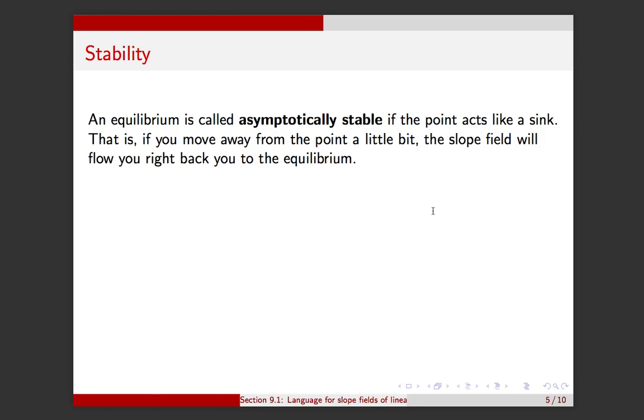Now in Chapter 9, an equilibrium is called asymptotically stable if, just like back in Chapter 2, it acts like an attractor or a sink. It draws things to it. In other words, if I knock you off the origin a little bit, you're going to flow right back to that equilibrium, which for now we're thinking of as being the origin.